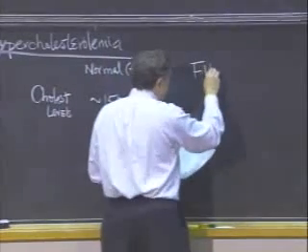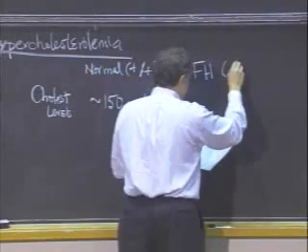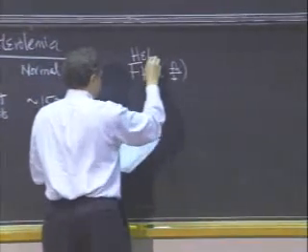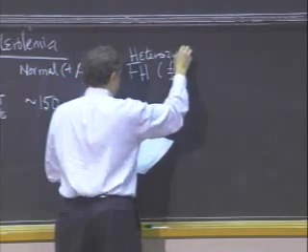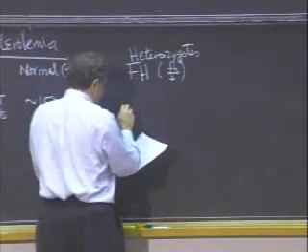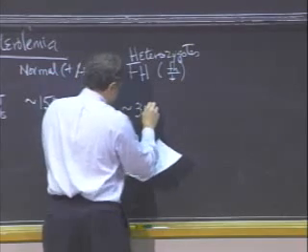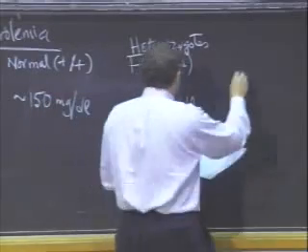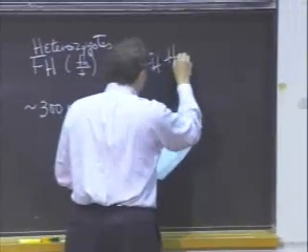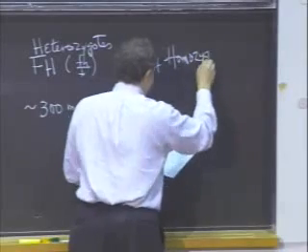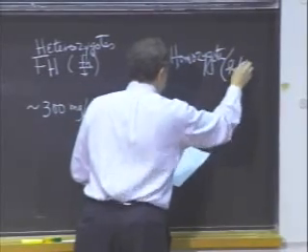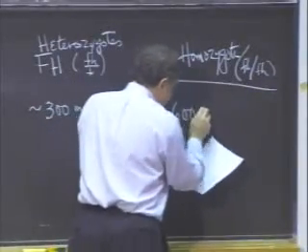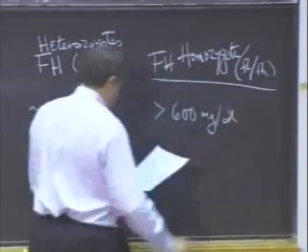Individuals who, by virtue of their genetics, appeared to be FH over plus heterozygotes, would have cholesterols more like 300 milligrams per deciliter, or about double the normal level. And individuals who were FH homozygotes, FH over FH, based on the pedigree analysis here, would have greater than 600 milligrams per deciliter.